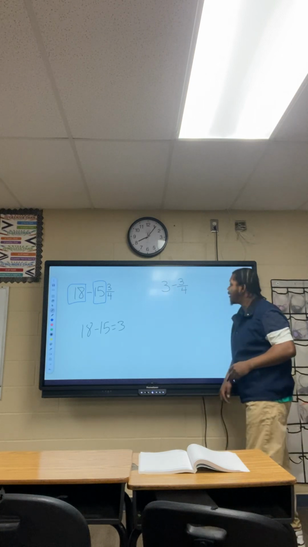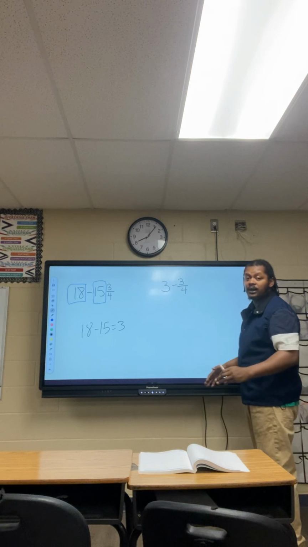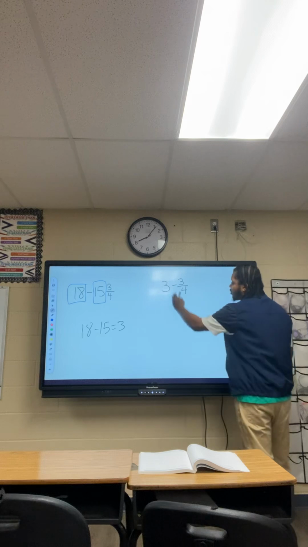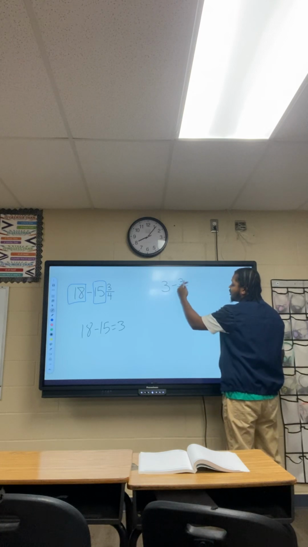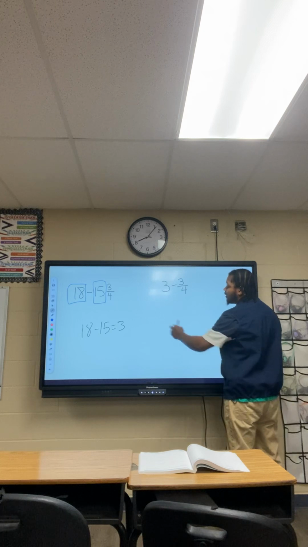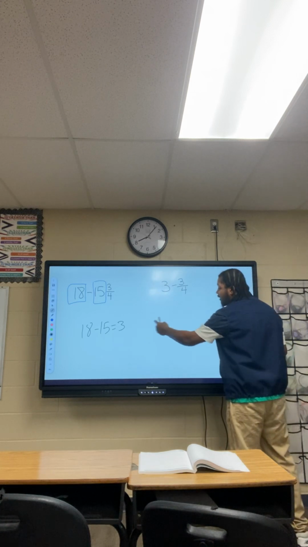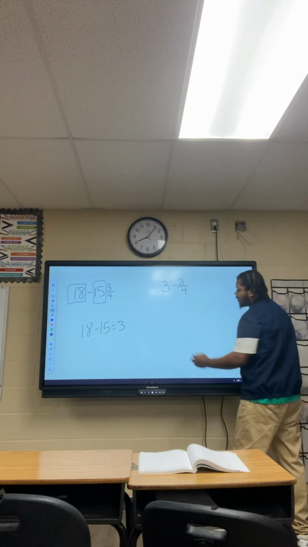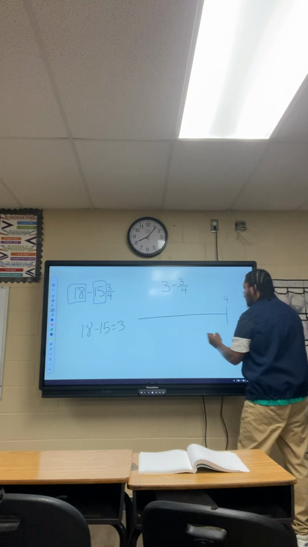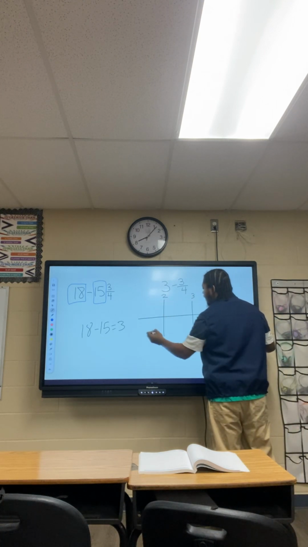I'll show you how to do it the regular way, but first we're going to make a number line so that I can demonstrate how this works. We're subtracting by a fraction. This fraction is 3/4. Our denominator shows that we have fourths, so we need to make a number line that says 1, 2, 3, 4, and it needs to be separated by fourths. Here's the number line. We'll say this is 4, this is 3, this is 2, and this is 1.